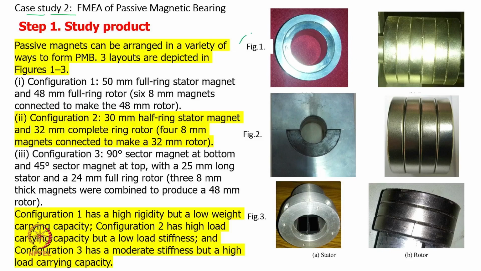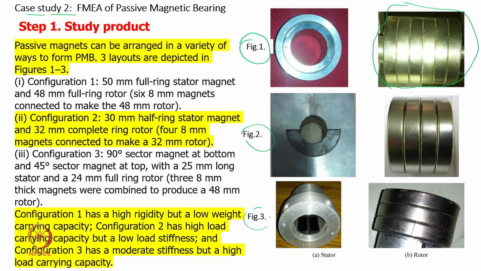Now, here 3 figures have been shown, figure 1, figure 2 and figure 3, and in the 3 we have used a different kind of configuration. In the case of the rotor, or maybe the shaft, or the journal mounted on the shaft itself, we are using some sort of permanent magnet.